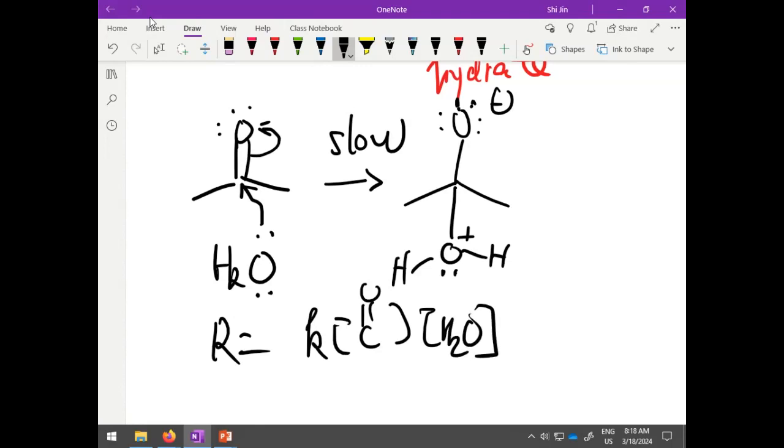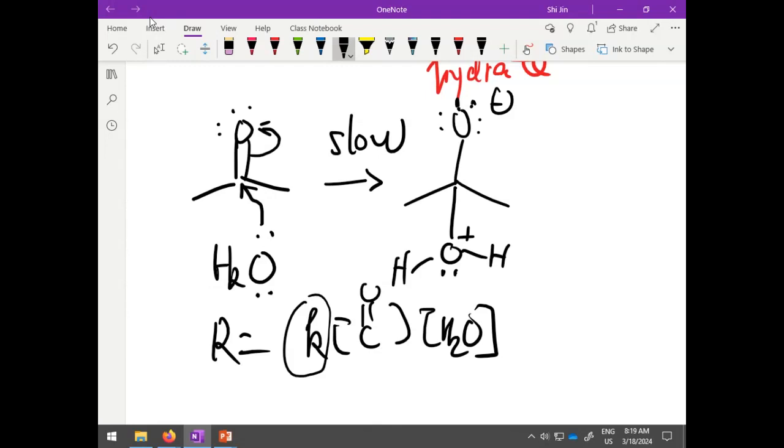That's what the rate says. And obviously this constant characterizes how fast this reaction is. But how fast, this k depends on what? It depends on the electrophilicity of the electrophile and the nucleophilicity of the nucleophile, right?